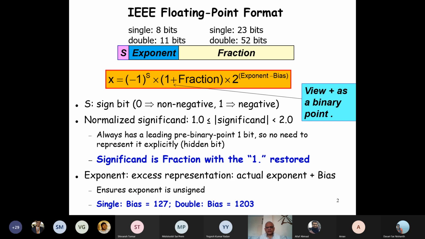Now this bias, it is 127 in single precision format and 1023 in the double precision format. Now, why this bias? You just have 2 to the power exponent minus bias. So if your exponent is 0, you will have minus 127.